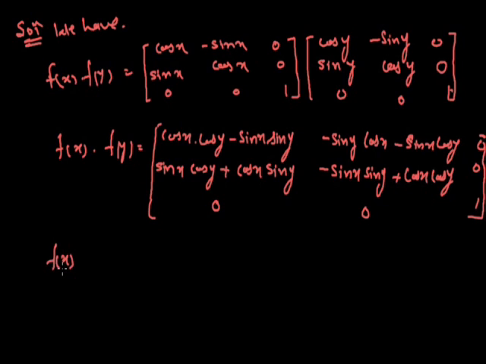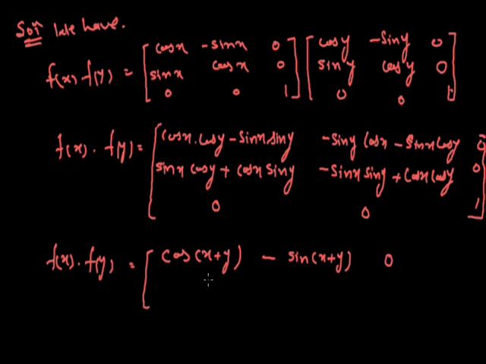Now f of x into f of y is cos x cos y minus sin x sin y, which is cos of x plus y. Now if I take the minus sign as common, then sin a cos b plus cos a sin b is sin of a plus b. So it is sin of x plus y, 0.